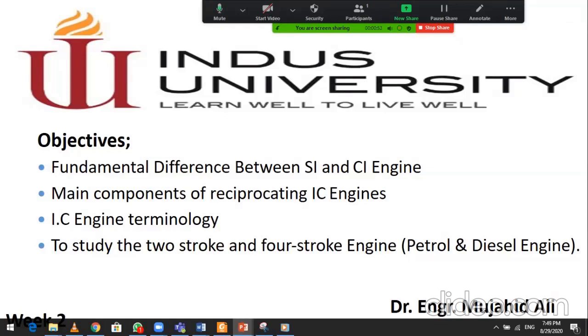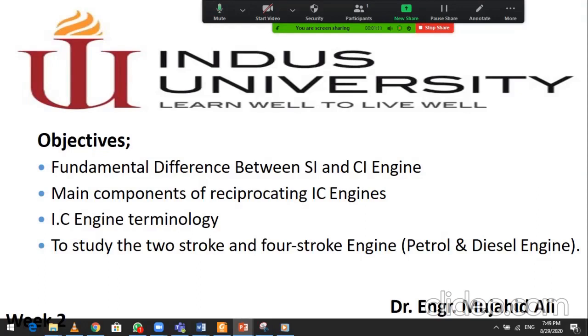So we'll basically discuss the basic difference between SI and CI engine, and the second one, the main components of the reciprocating IC engine, where piston, connecting rod, crankshaft. We will learn the basic components of IC engine one by one.